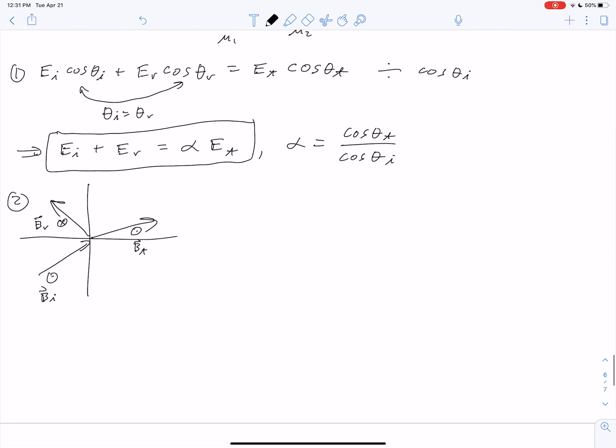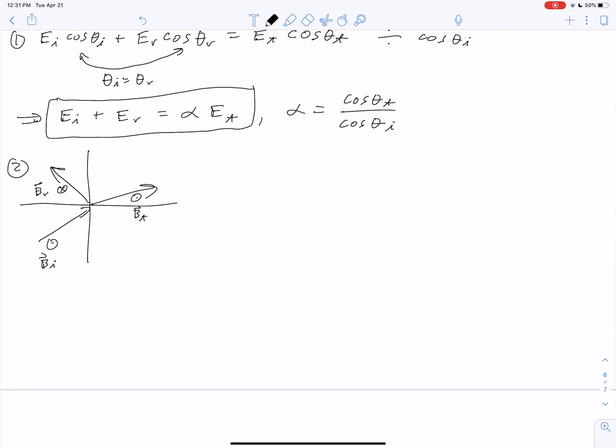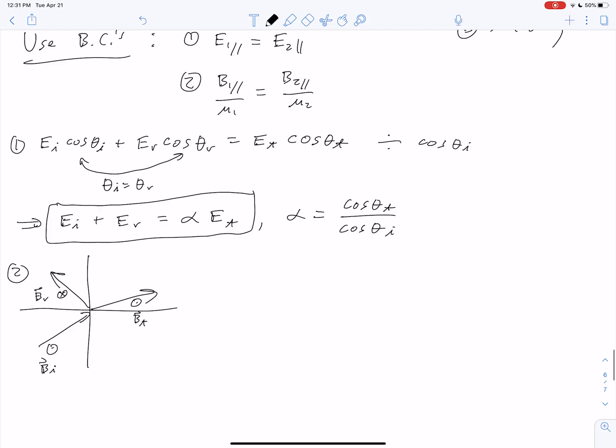Okay. And so now if I want to do equation number 2, then I see that on the left-hand side, B1 parallel is going to be 1 over mu1, and the B1 parallel on the left-hand side is the sum. It's going to be BI minus BR.